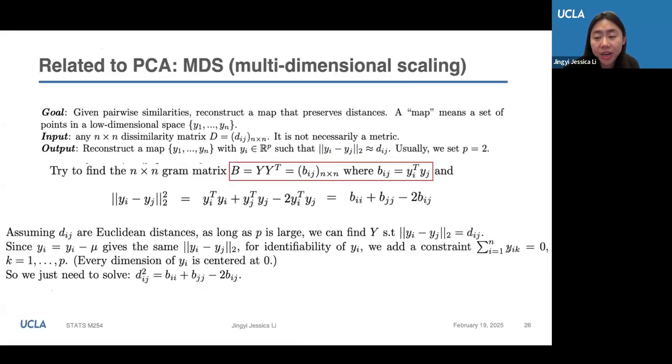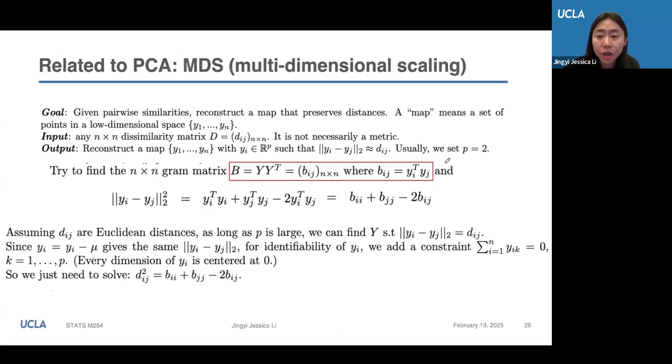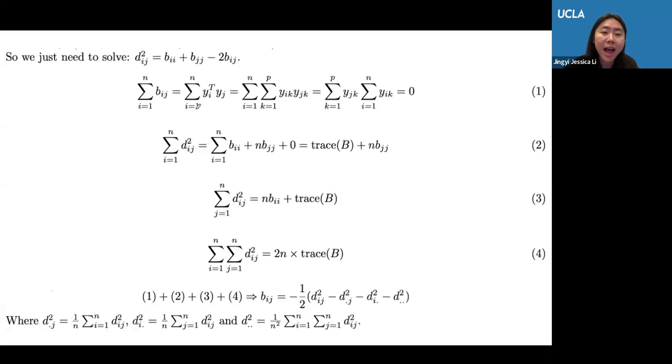Since we have the constraint that the sum of the yi's in each dimension k, for k equals 1 or 2, is zero, we can first find that by taking the sum of bij. Bij, by definition, is yi transpose yj. If we take the sum over i, then you can see that we open up the inner product as yik times yjk, k goes from 1 to p, which is 2.